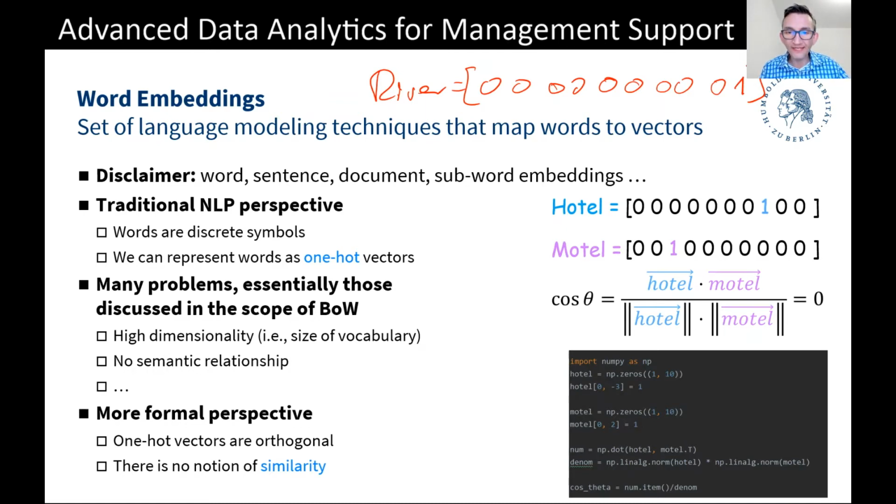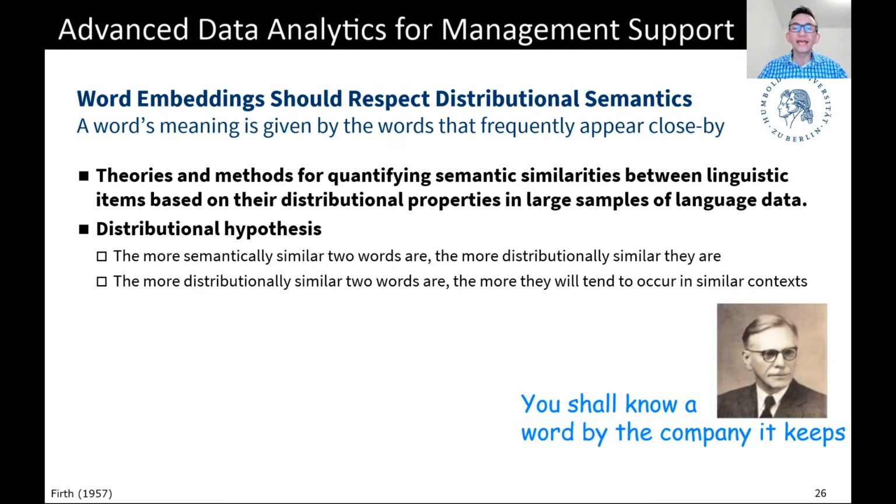And as a matter of fact, it turns out that you can look at that a bit more formally and state that any good embedding should respect distributional semantics. That's a big word, distributional semantics. What's that about?